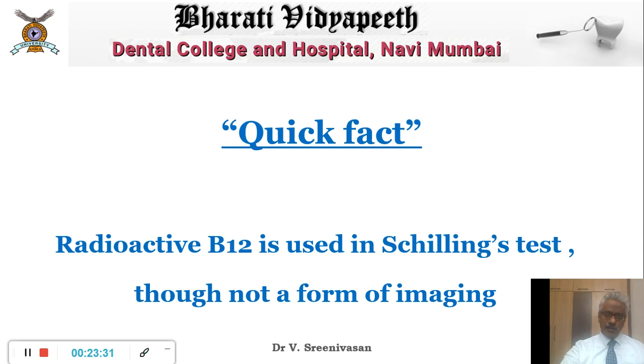A quick fact, radioactive B12 is also used in something called Schilling's test. It is not a part of radionuclide imaging, but you use the same concept of radionuclide tagging of a particular chemical like vitamin B12 and see the process it goes through, and it helps us to identify a disease called pernicious anemia.